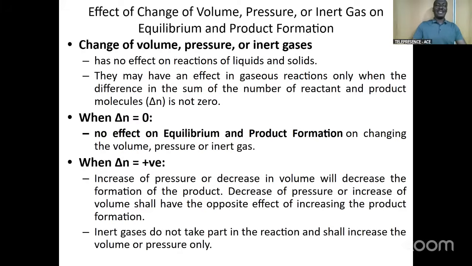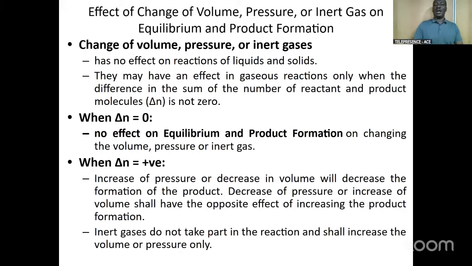For gas phase reactions, the change in volume or pressure or inert gases will affect the position of equilibrium. But for reactions, for example, in a heterogeneous equilibrium, where you have at least one of the species involved at equilibrium in a different phase, it could be solid or liquid, the change in volume or change in pressure will not affect such species.